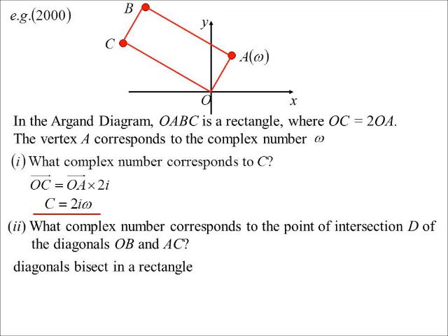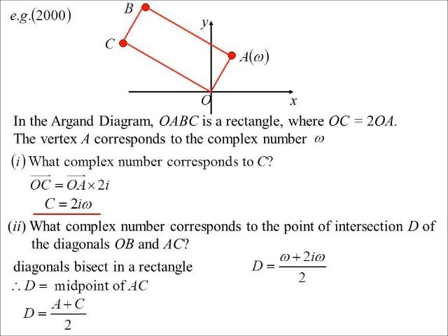That'd be a bit silly because I don't know what B is at the moment. But it would also be the midpoint of AC, and I do now know both of those points. So that's probably going to be the quickest way of doing it. So D will be the midpoint of AC. So it's the point, because it's the midpoint, not the mid-vector, although in this case the point and the vector is the same. But, so it's A plus C divided by 2.